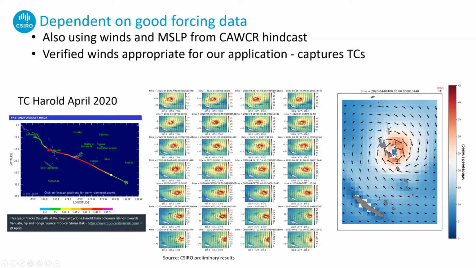Each one of these panels is an hourly time step. It starts here and goes across the page like this, showing the winds during the cyclone, and this is just zoomed in. So we did some verification to check that these winds are going to be appropriate for the model, and that's fine. And we've also done this for TC-PAM and TC-IB.